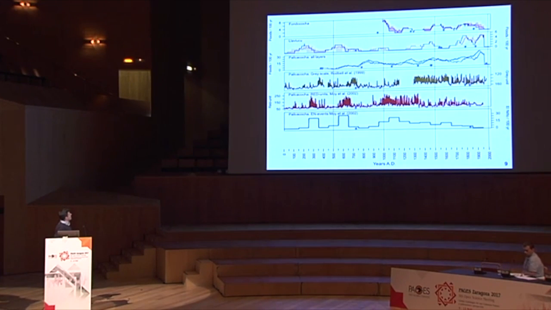If you plot now along also the two reconstructions from the former studies, from the grayscale values here from Rothbell et al. and red units from Moy et al., one sees that both do not show exactly the same frequency. That's due to the improvement in age model.